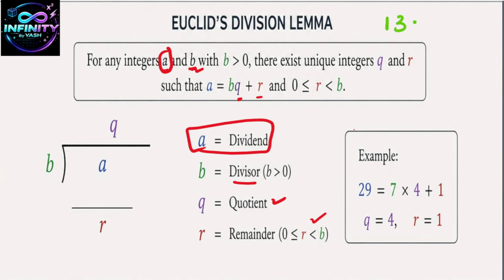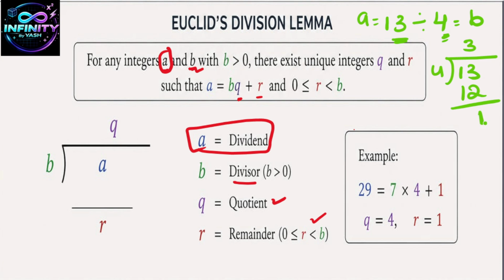If you are dividing 13 by 4, here 13 is the dividend, that is a. So a is equal to 13, and b is the divisor, that means 4 is the divisor. So b is equal to 4. When you divide 13 by 4, 4 times 3 is 12 and 1 is the remainder.